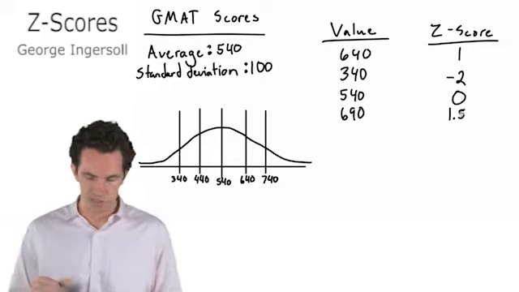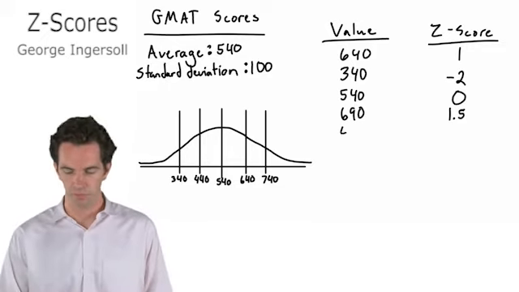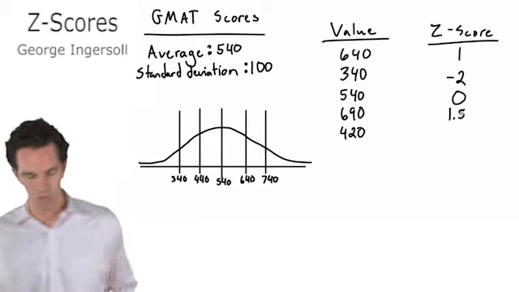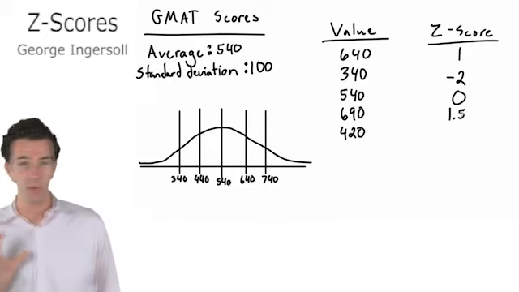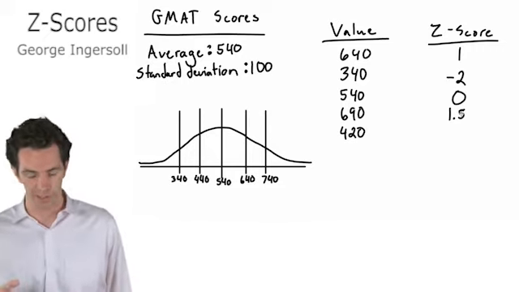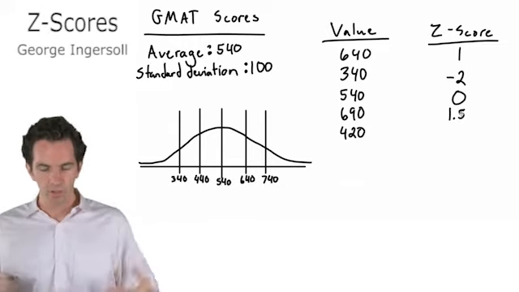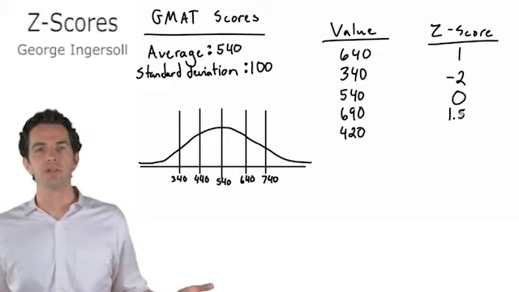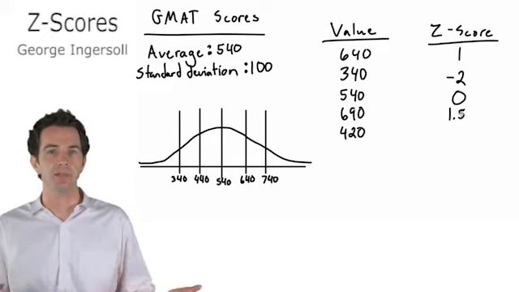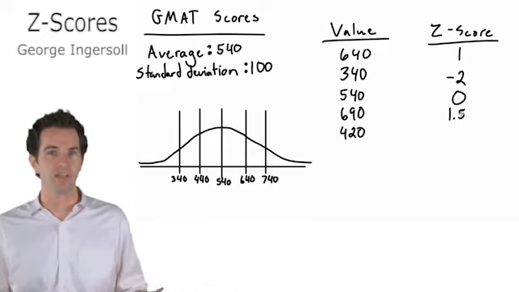How about a value of 420? What is the z-score for 420 going to be? Well, we can actually use an equation here. All we're trying to figure out is how many standard deviations 420 is away from the mean of 540 if the standard deviation is 100.